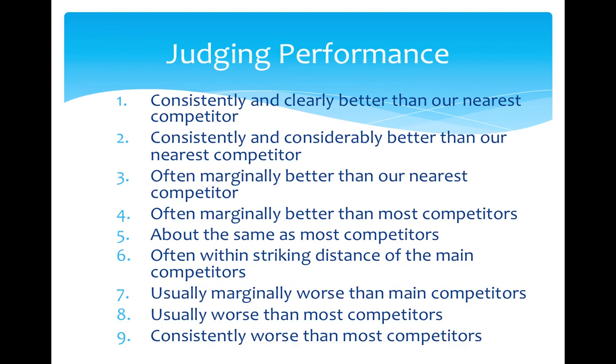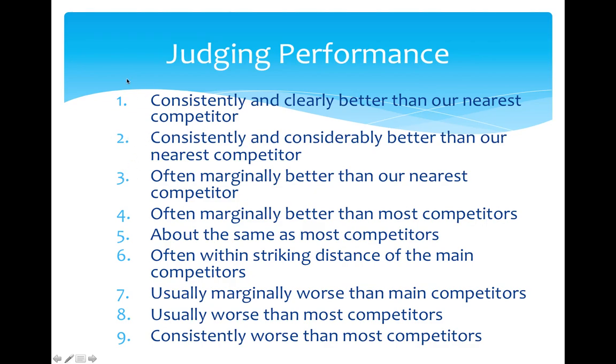And so when you're judging performance, you could try to come up with a scale to rate how well you're doing. This is taken from an article where you could judge order winning criteria. Your decision criteria, and we have a scale of 1 to 9.